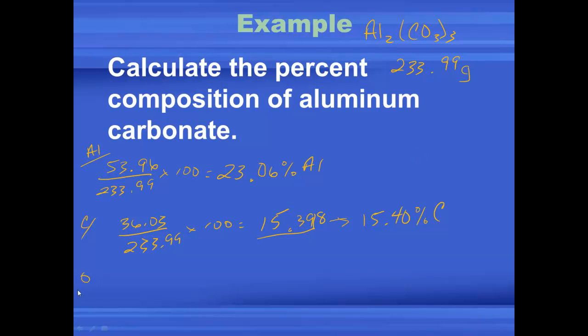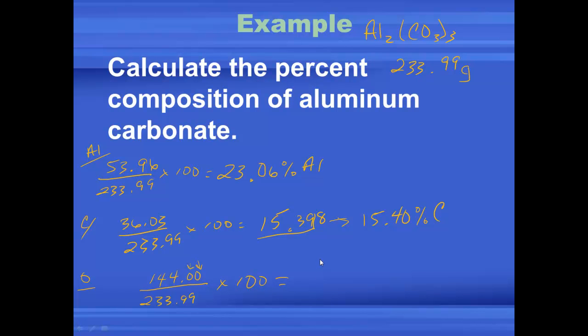And lastly, to do my oxygen. For my oxygen, I had the 9 oxygens with a mass of 144.00. So you can see that 144.00 is actually going to be 5 sig figs. The zeros at the end, these 2 zeros count because they are trailing zeros with a decimal.